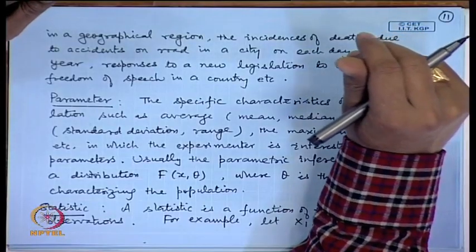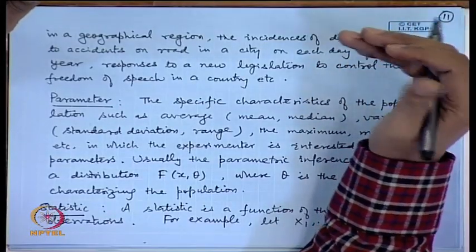Responses to a new legislation to control the freedom of speech in a country. So, a new legislation is placed in the parliament or proposed by, say, the cabinet, then opinion polls are taken on whether it is a popular measure or not.